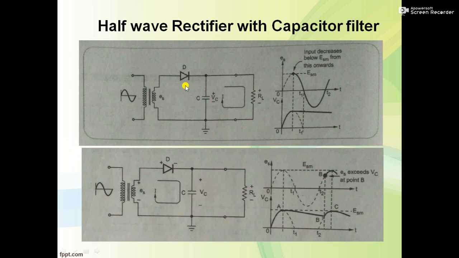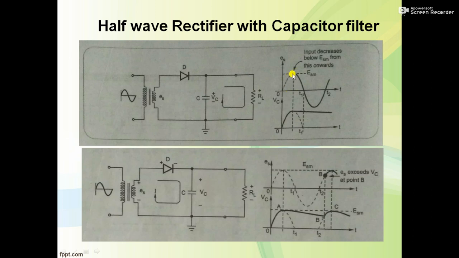At that time the current flows through this diode D, and we get this much output signal. That means the voltage across the capacitor is equivalent to the voltage across RL, and it is the final output voltage.